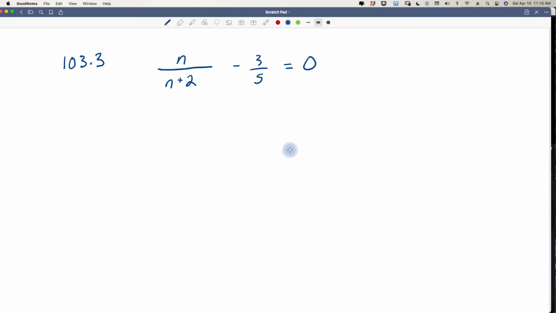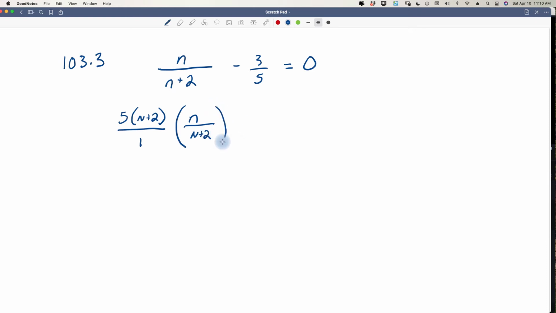Okay? So our common denominator is going to be 5 times n plus 2. So we're going to treat that as a whole number. And we're going to say 5 times n plus 2 over 1 times n over n plus 2.